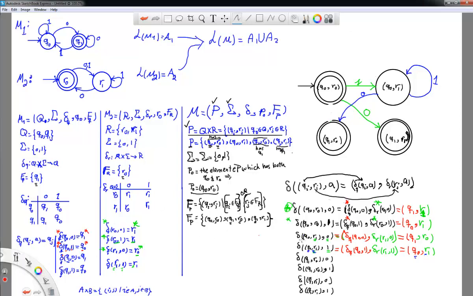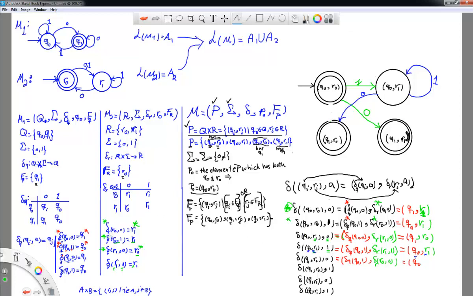Let's go, and I'm just going to fly through the rest of them. So I want to see q sub 1, r sub 0. q sub 1 and 0, which is q sub 1 here. So this is going to be the delta sub q of q sub 0 and 1, which I already have here. It's going to be q sub 0. And then the green element is going to be delta of r sub 0 and 0.